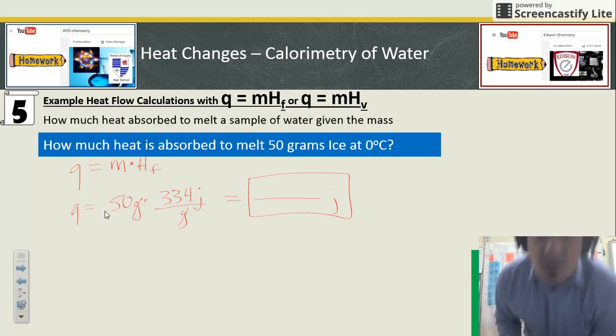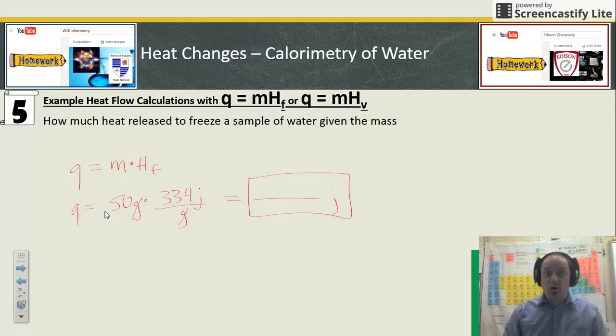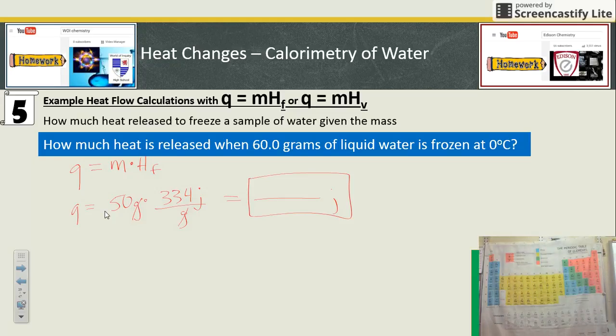The phase transition temperature calculations and heat calculations are much easier than the delta T ones because you don't have to figure out a change in temperature. You have to just decide which is the right equation to use. Let's do another one. We're going to find heat released by 60 grams of water when it's frozen. Well, it's frozen, so we're going to use the same equation, Q equals M times HF.